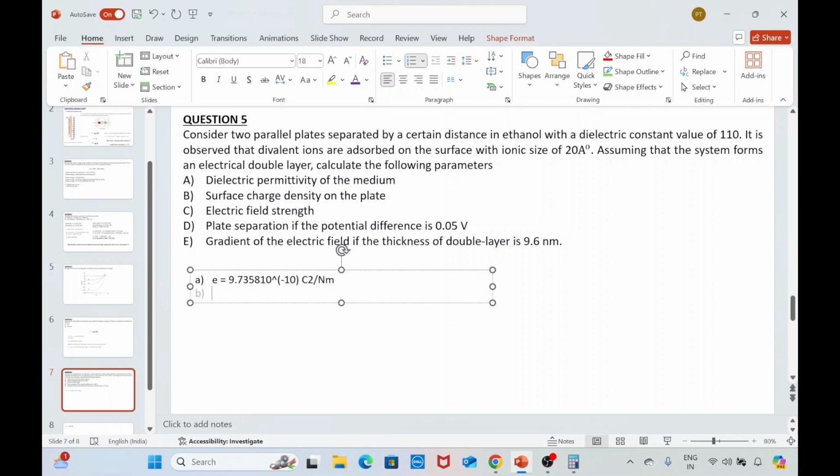Now they are asking you to calculate the surface charge density. How many of you remember what is the expression, or what is meant by the surface charge density, or what is the expression for this surface charge density? Yes, any response?